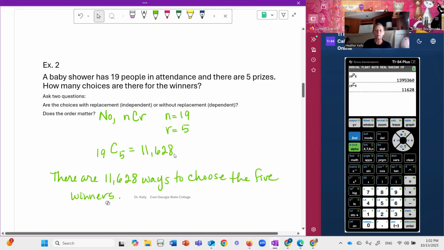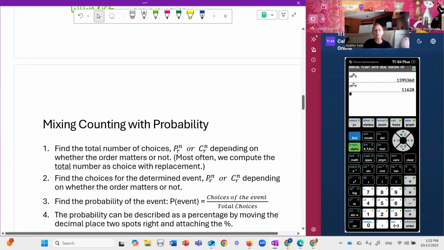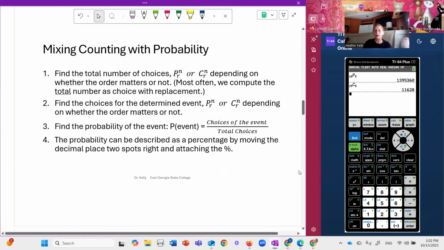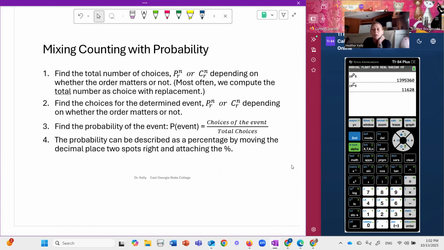Okay. Awesome. All right, so let's start talking about mixing counting with probability. We spent all that time on the counting and I reviewed counting with you, because we're going to use that as basically the numerator in a probability question. We didn't do any probability last time.